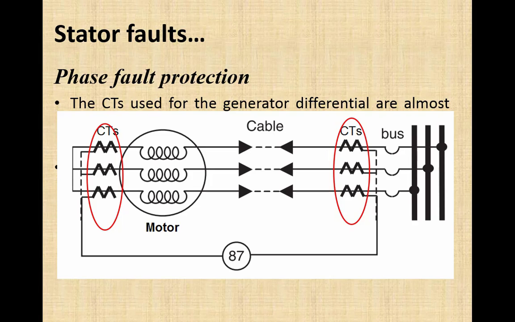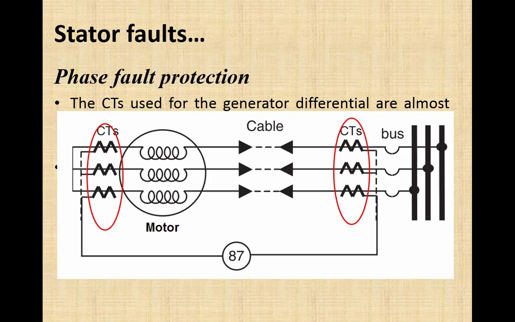In case of generators, differential protection just covers the winding of the stator. But in case of a motor, it is standard practice to include the cable or the leads which are connecting the stator winding to the bus. That will also be included in the differential protection. That is the standard that we use to apply differential protection for motors.